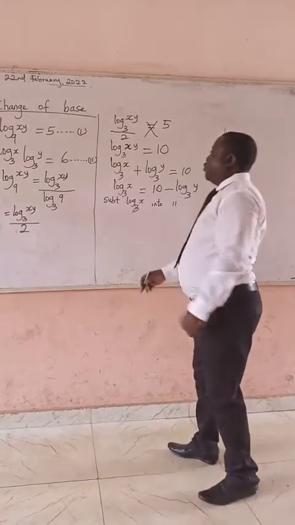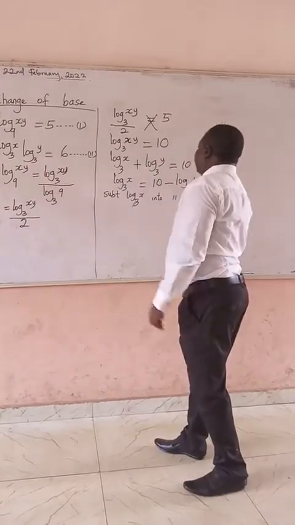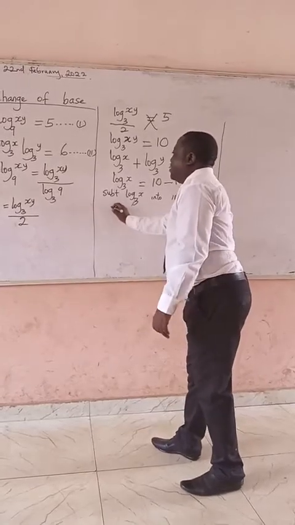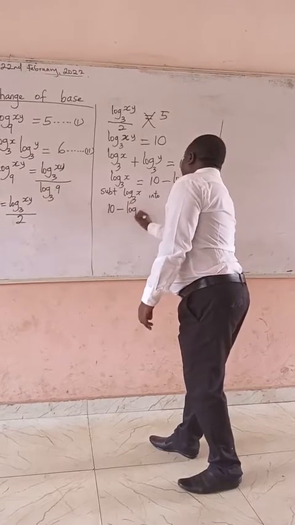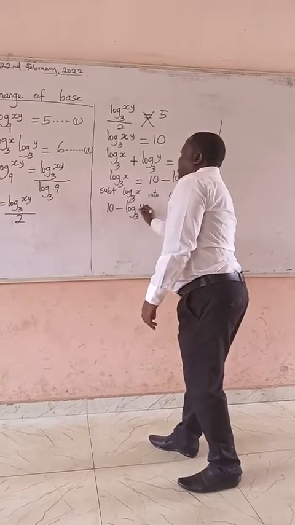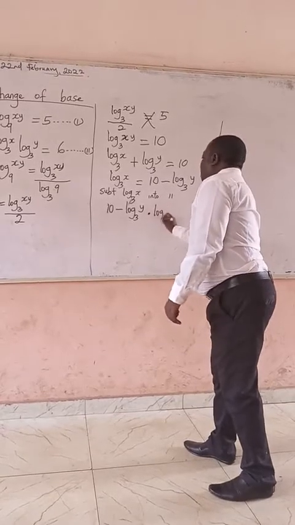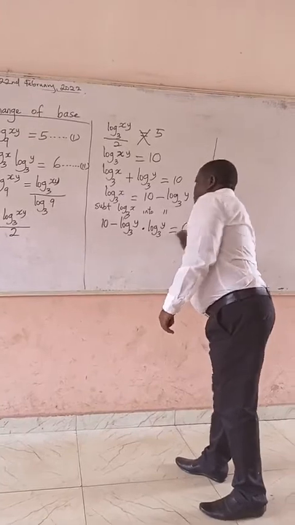So in equation 2, in place of logarithm of x in base 3, I'm writing 10 minus logarithm of y in base 3. So that is now 10 minus logarithm of y in base 3 times logarithm of y in base 3 is equal to 6.